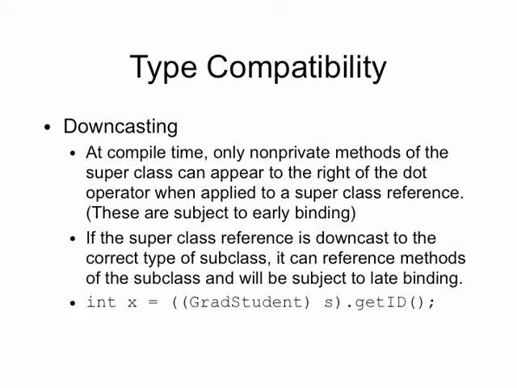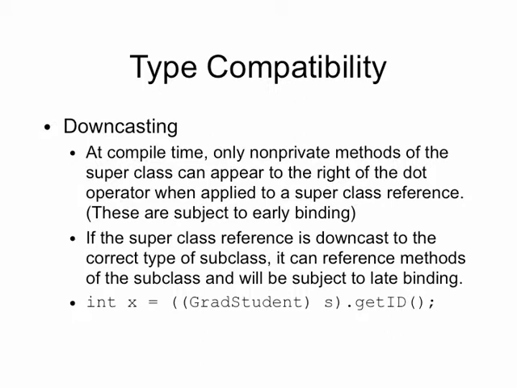Look at int y equals g dot getID. Because the getID method exists inside the grad student class, that'll be okay. So that's legal because with early binding, that's going to be fine. With the getID for the student reference, that's going to cause a compile time error.